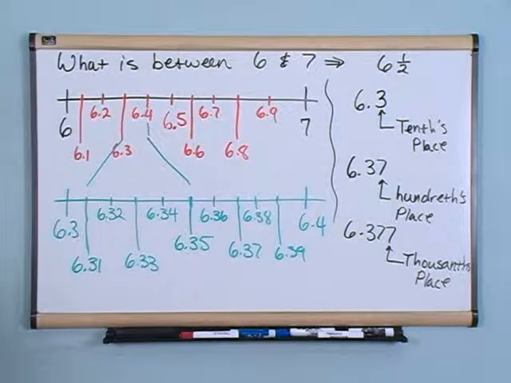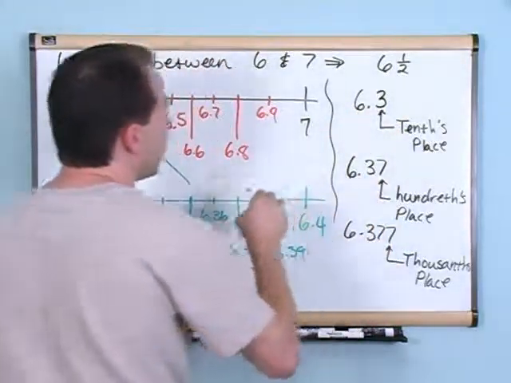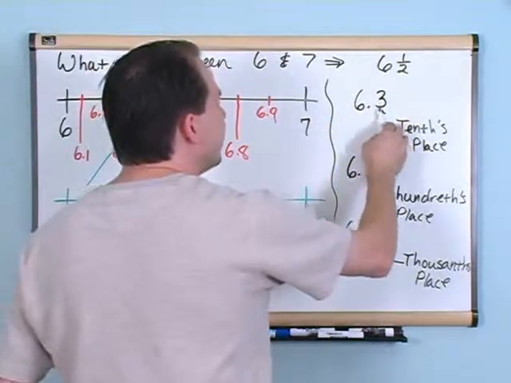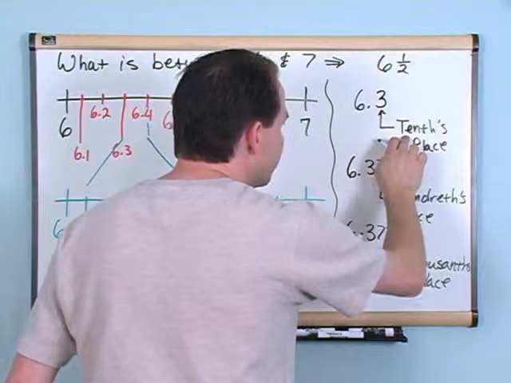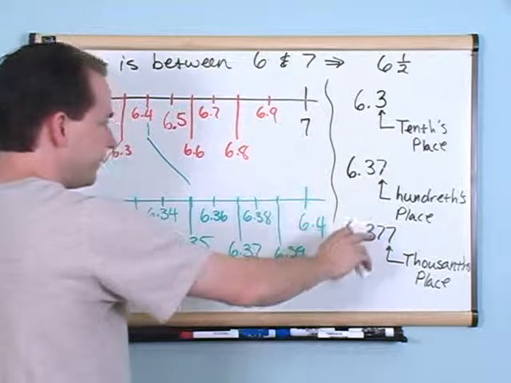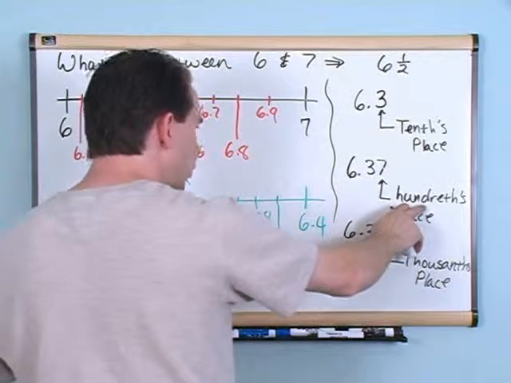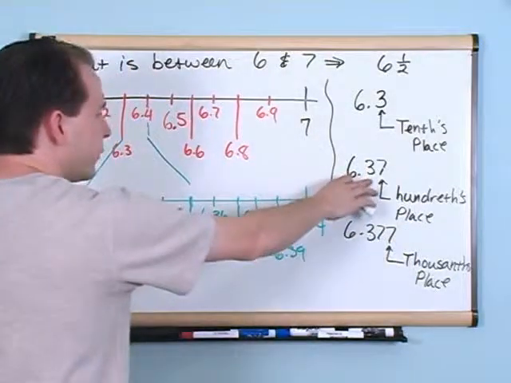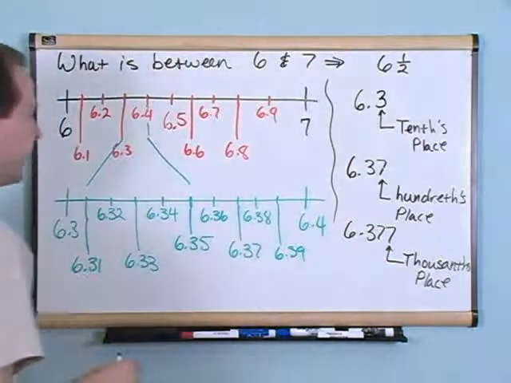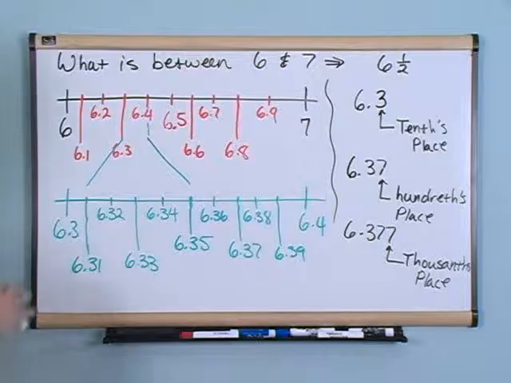The only other thing I really wanted to tell you is that when you start adding digits behind a decimal point, the digit right after the decimal point, the tenths place, is worth more than the next digit, which is called the hundredths place, and this one's worth more than the thousandths place. And that can be seen right here on the board.